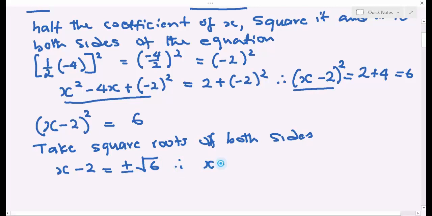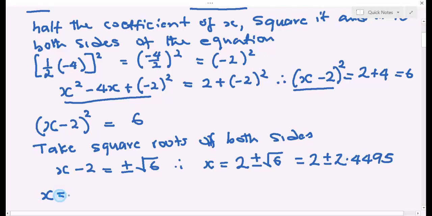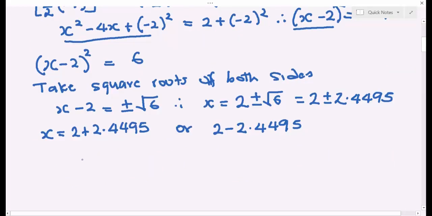So our x will give us plus 2, taking our minus 2 over to the right hand side, plus or minus the square root of 6. The square root of 6 is 2.4495. So our x is equal to 2 plus 2.4495, or 2 minus 2.4495.